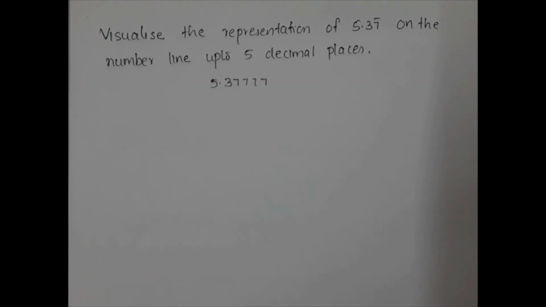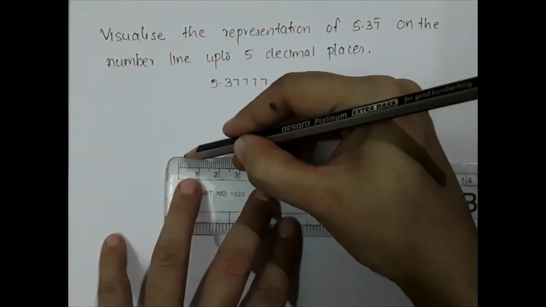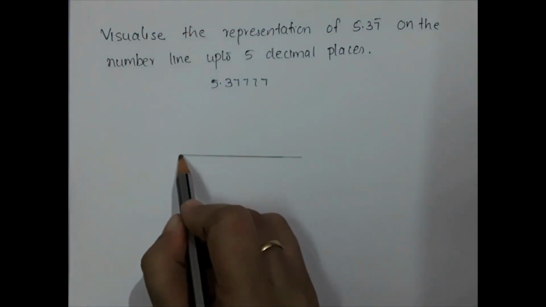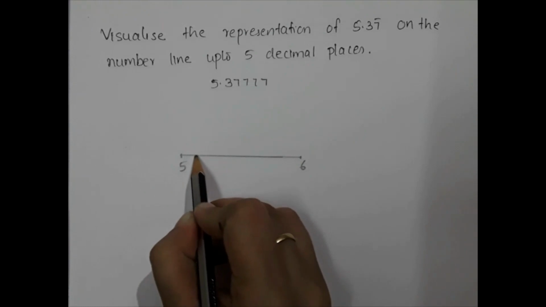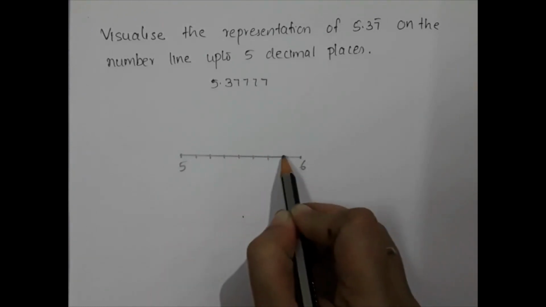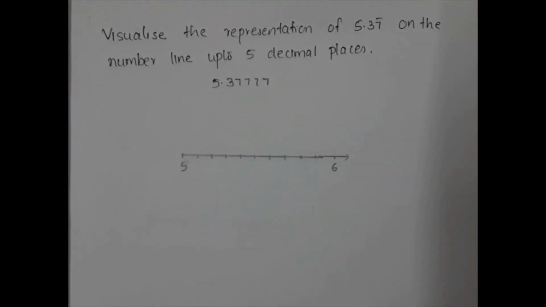You can just simply draw. This point is 5 and this point is 6. You have to divide it equally, 5 to 6.